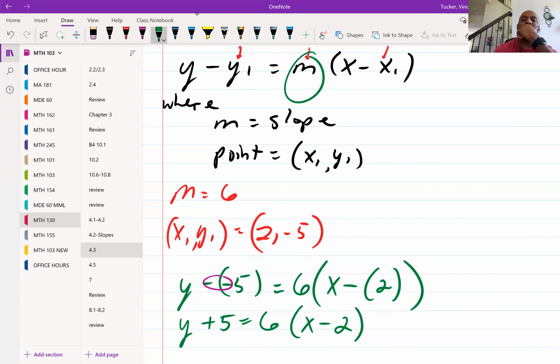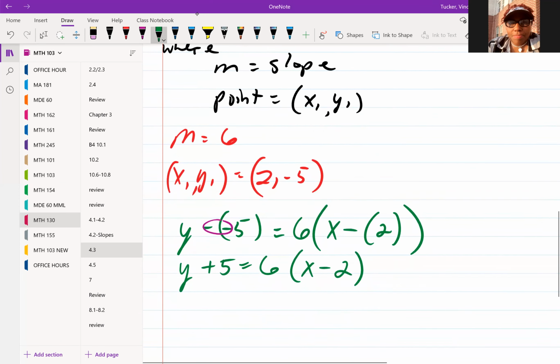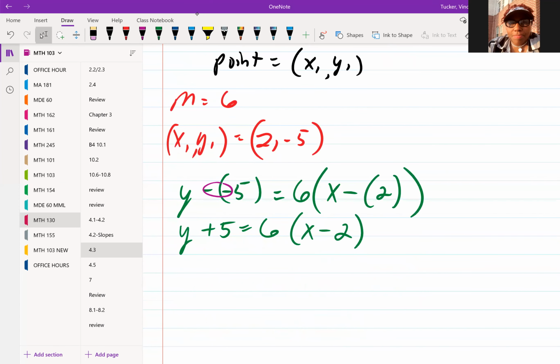m equals 6, x minus x1, which would be the 2. So then y plus 5 equals 6 times x minus 2, and then we multiply those.